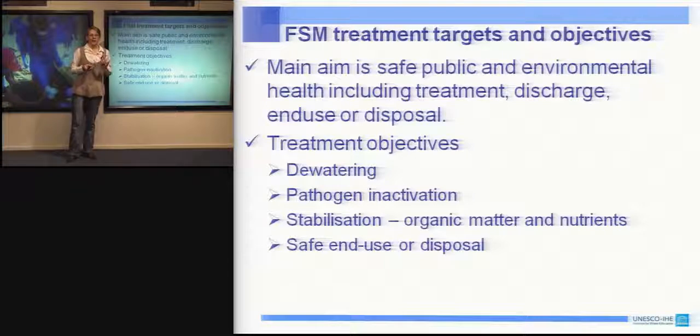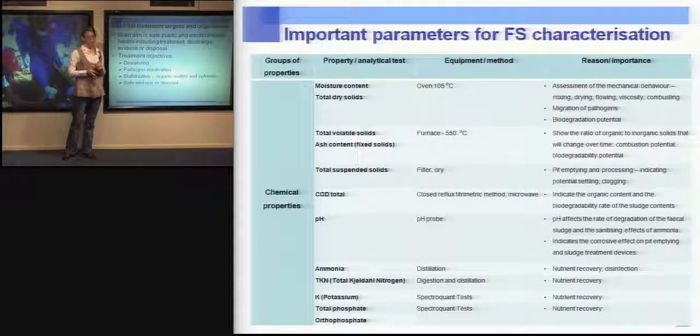To meet this aim, there are a number of objectives set, which are pathogen inactivation, stabilization of the organic and the nutrient matters, and also the safe end use and disposal. The dewatering is an important step because this provides significant reduction of the volume of the fecal sludge, which makes it a lot easier for transportation or further treatment.